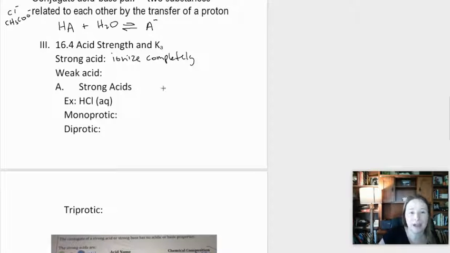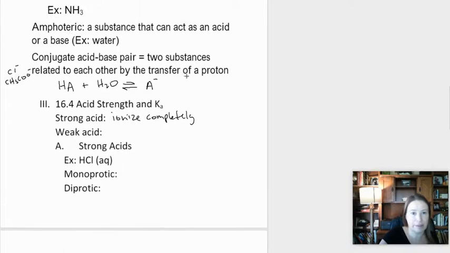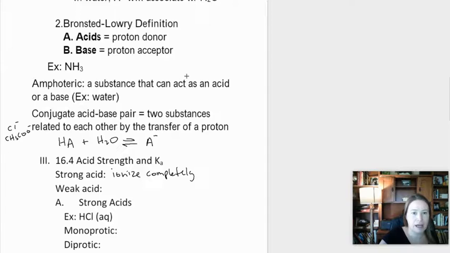The H plus will always stick to a water, because these acid reactions are happening in water. If you don't have water, then they will not ionize. They will not be able to separate. So it's always happening in water, and anytime you have H plus floating around, it's going to stick to a water.